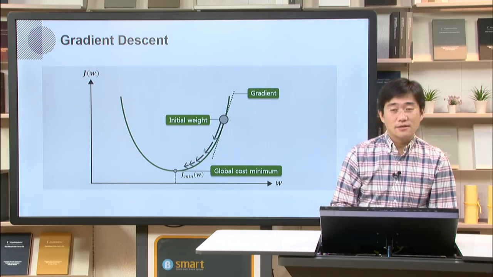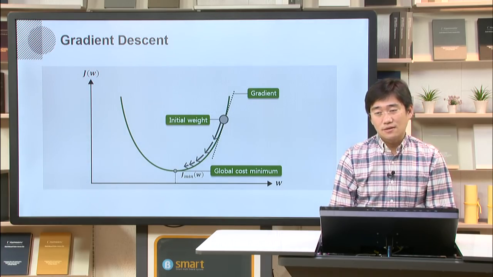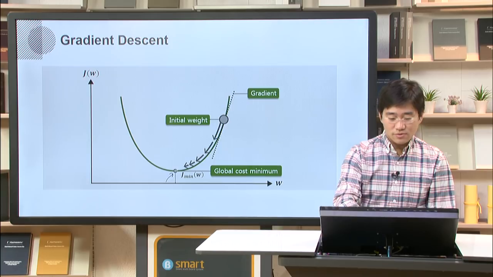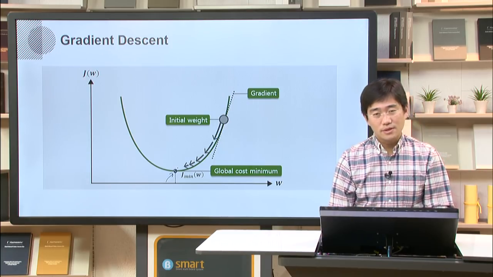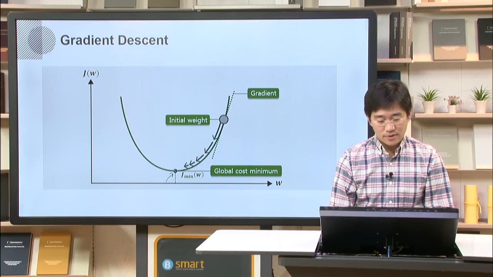And gradient descent is the iterative method that allows us to find out this local minimum point given our particular function.